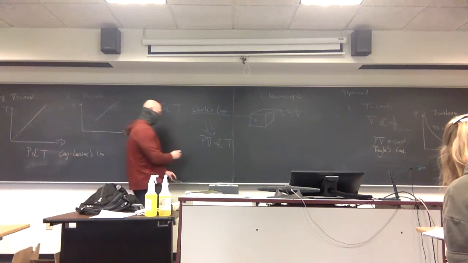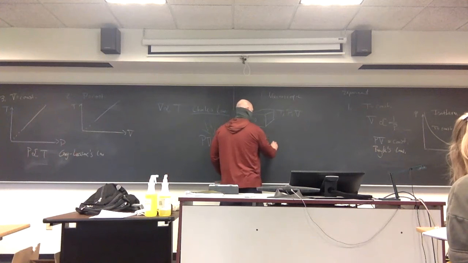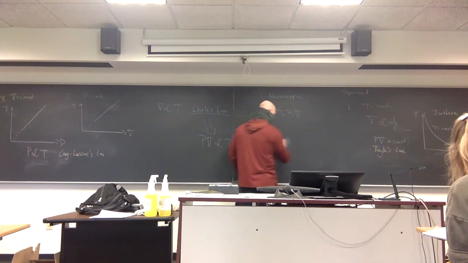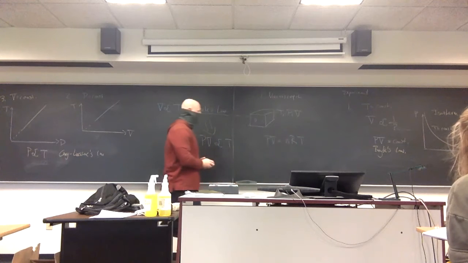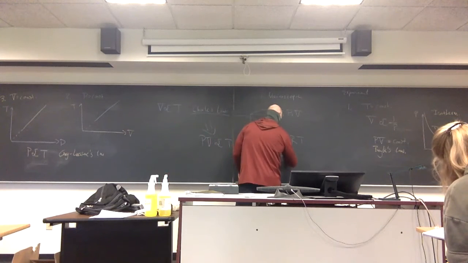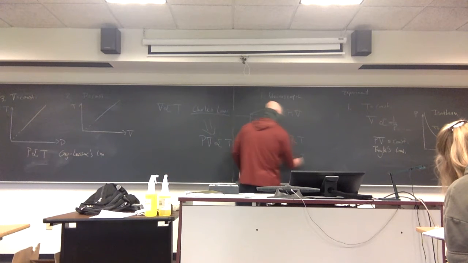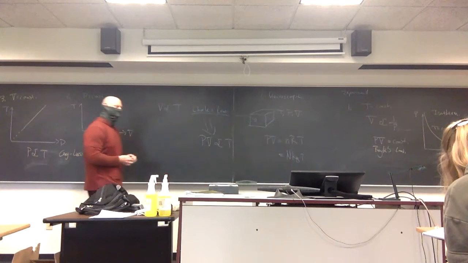The proportionality factor between the two then is that the pressure times the volume is equal to, write it this way, N times R times T, or N times KB times T. Either one of these is sufficient.